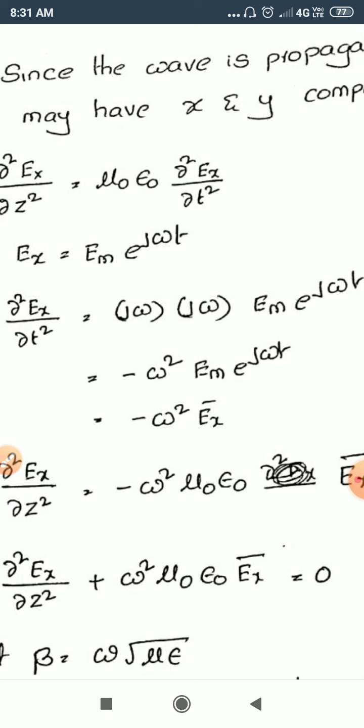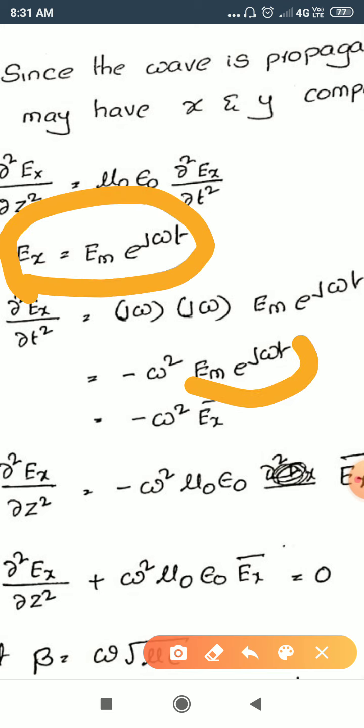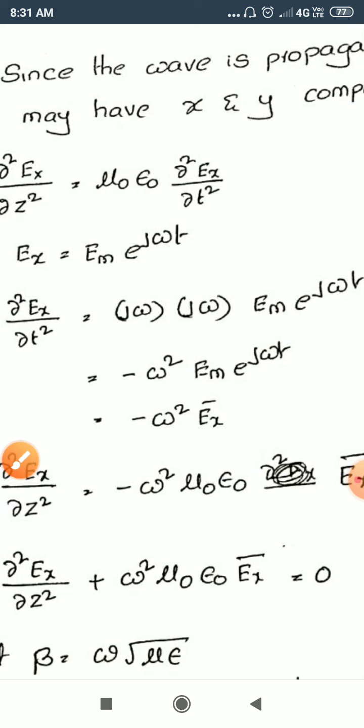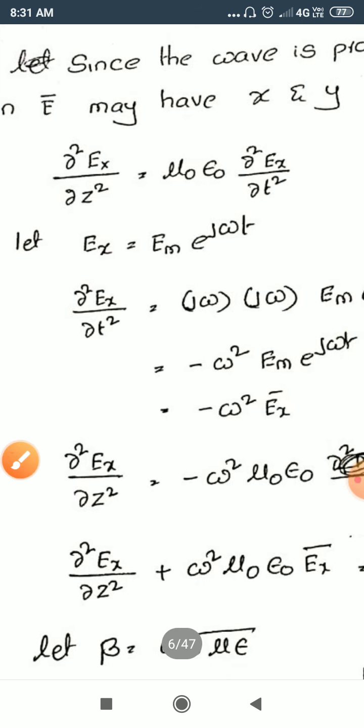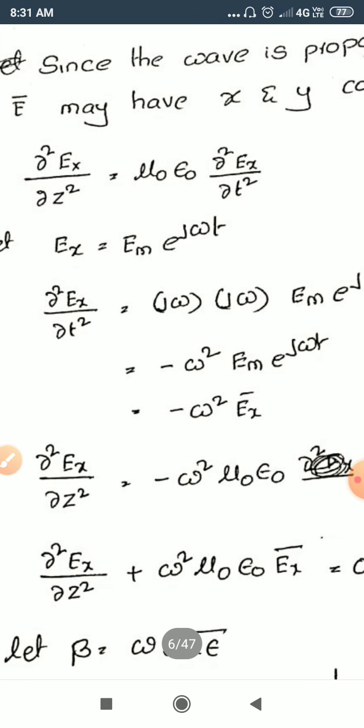But Em e power j omega t is nothing but Ex, so in its place we substitute Ex again. So finally what we got? Dou square Ex by dou z square equal to minus omega square mu naught epsilon naught Ex. Is it clear?